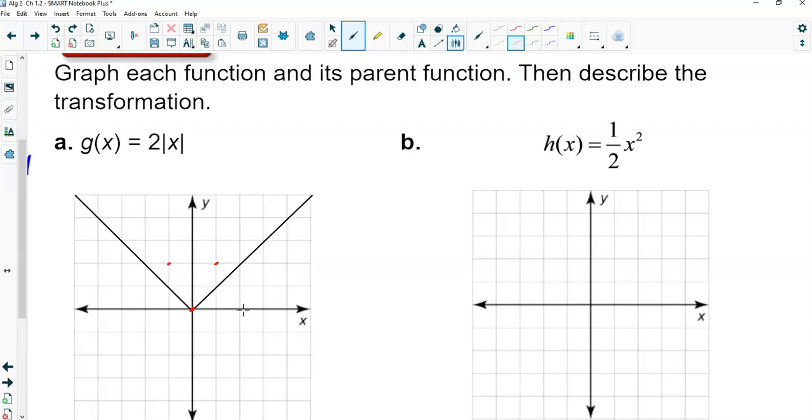Then if x is 2, the absolute value of 2 is 2, times 2 would be 4. So at 2, it would be at 4, right up there. On this side, at -2 will also be there. Now I could draw my lines and take a look at what happened. Notice how the graph became narrower.